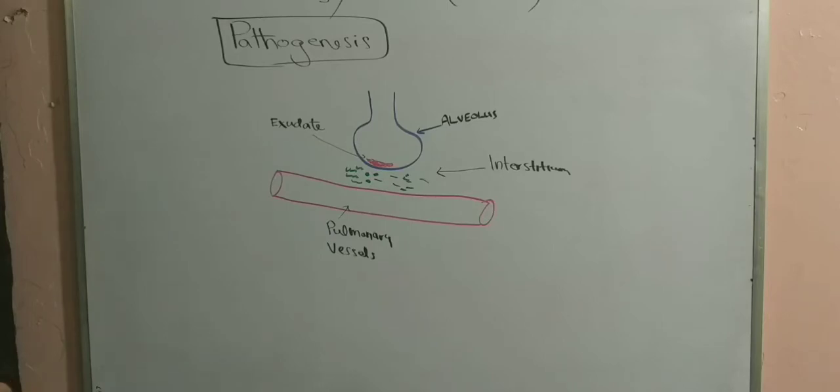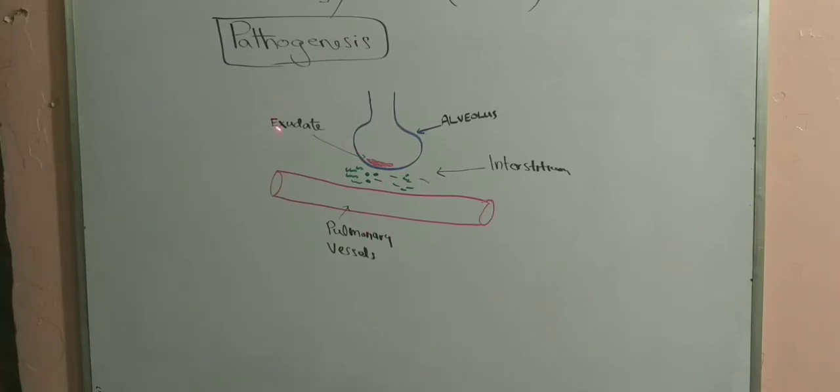There come the neutrophils and other inflammatory cells, which then release a lot of inflammatory cytokines, and then within the interstitium and in the alveolus, there are a lot of fibroblasts, fibrin, fibrinogen, and ultimately it results in the formation of exudate, and it becomes really difficult for the patient to transmit oxygen from outside the body through the alveolus, through the interstitium into the pulmonary vasculature.